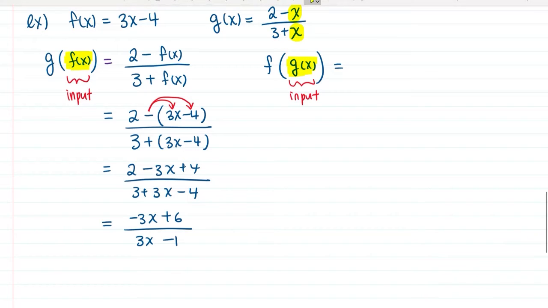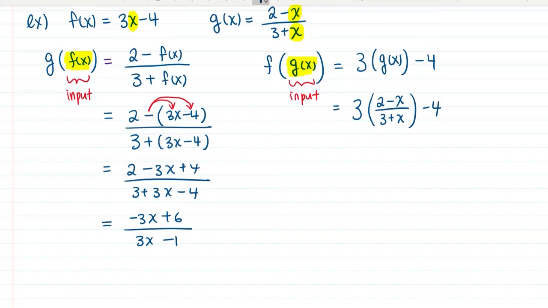So this is the x in the f of x. So 3, and 3x means 3 times x. So 3, and maybe we can put the bracket like this to represent that as the multiplication, and then minus 4. G of x is this one, a fraction, so 3 times 2 minus x over 3 plus x, minus 4.